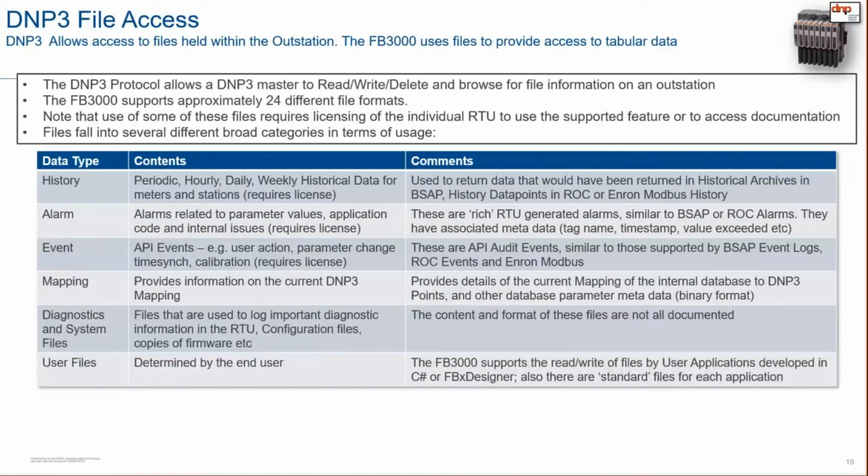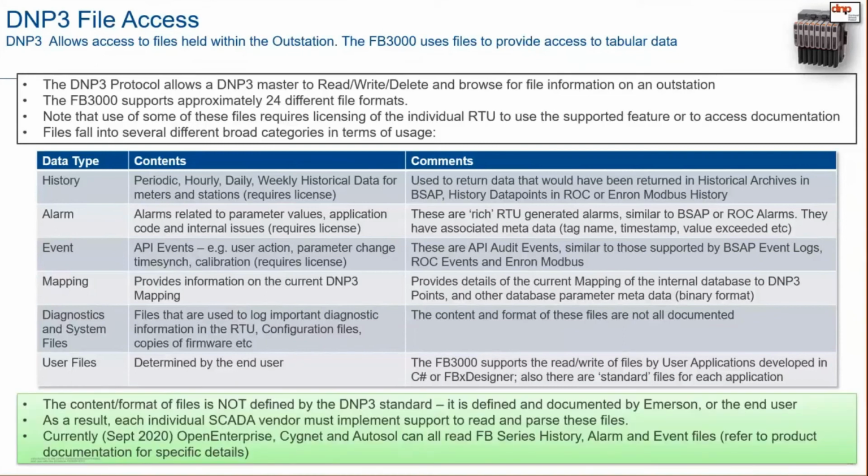And it's worth mentioning that our partner, Vinson, have developed some applications. They have some standard files that go with those, and there's actually a folder on the RTU for each application that runs on the RTU, and the files are contained within those folders. So as a simple example, most of those applications have a CSV file that holds a list of all the user-defined tags that that application uses, which can be useful if you're trying to work out how to use it.